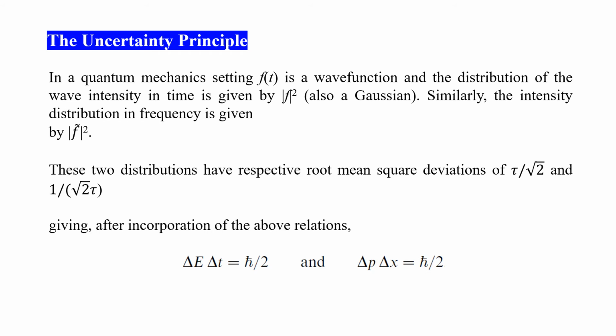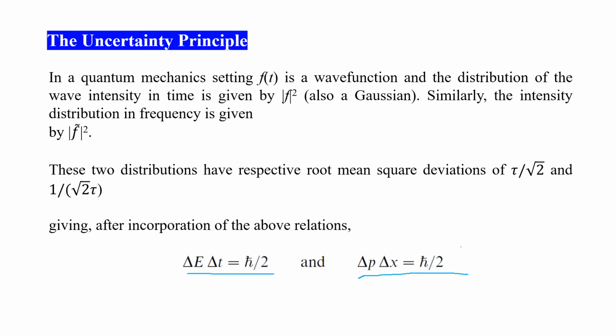Now, these two distributions have respective root mean square deviations of tau over square root of 2 and 1 over square root of 2 tau, giving, after the incorporation of the above relations, the following: delta E times delta t is equal to h bar over 2, and delta p times delta x is equal to h bar over 2.